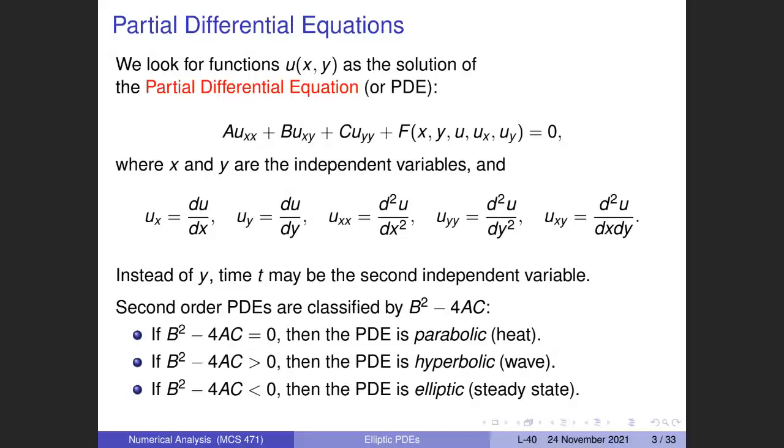The equation we consider is of the 3rd type, so we classify the partial differential equations in this course with the discriminant b squared minus 4 times ac. When that discriminant is negative, then we call the partial differential equation elliptic. And as a very specific example, we consider the steady state.